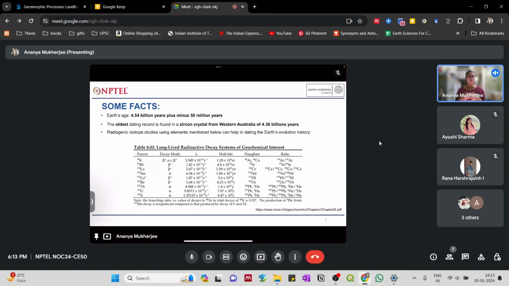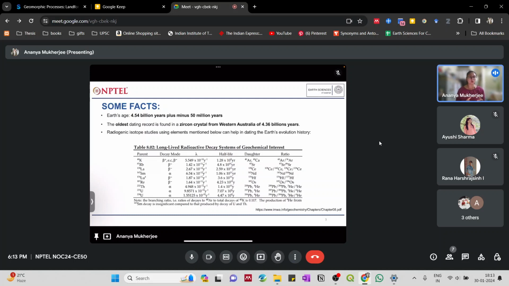When the processes themselves are so much longer in duration, that gives us an idea of how old the earth actually is, like the formation of the earth. We have been dating it, and a lot of improvements are also happening in the dating of the earth's age.